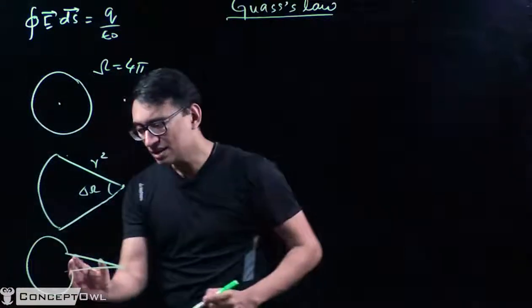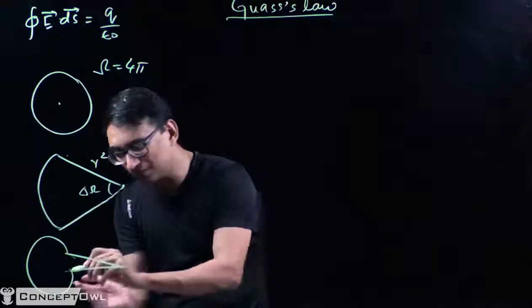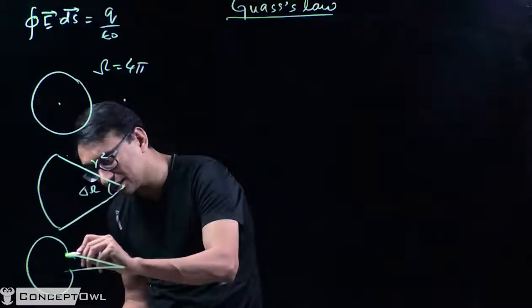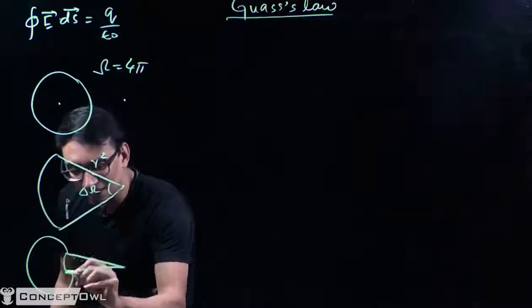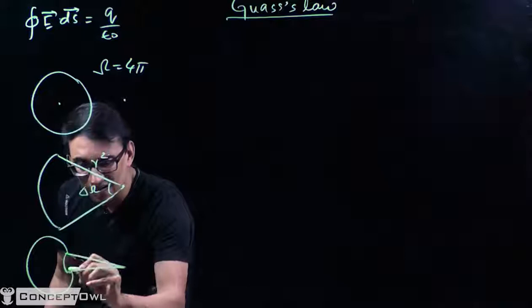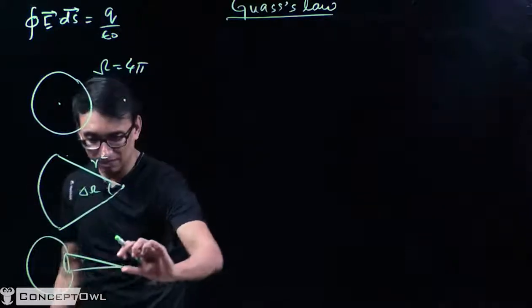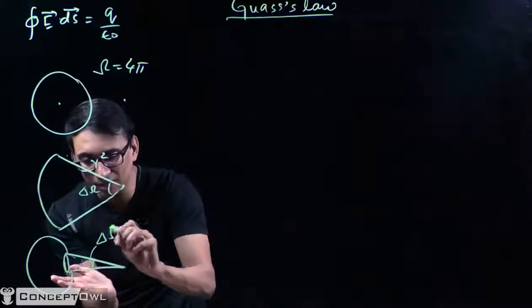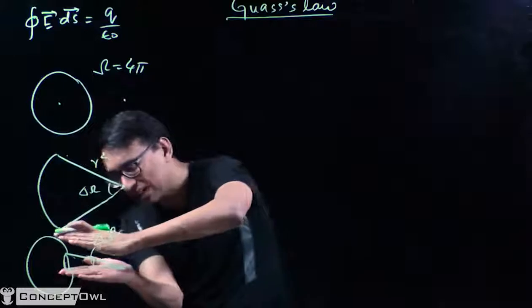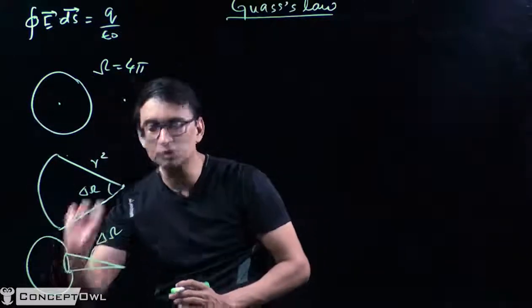Even though the cone is big, what will be the solid angle at this particular point for this surface? It is going to be the same as this area divided by r square, which is this angle delta omega. As I make the cone thinner and thinner, this delta omega will become smaller and smaller.